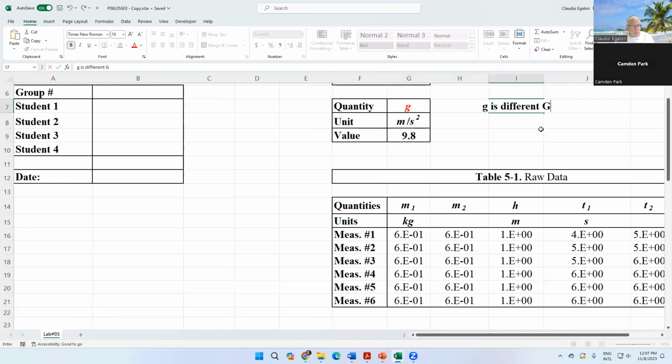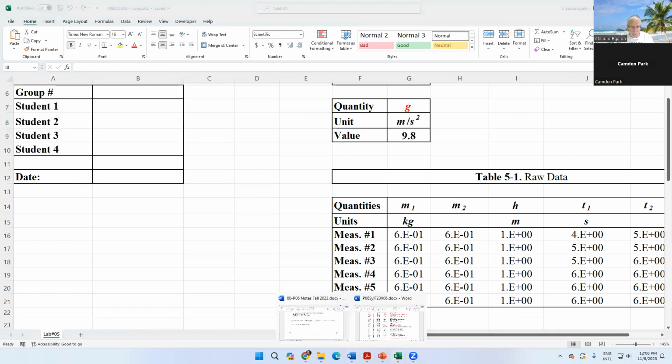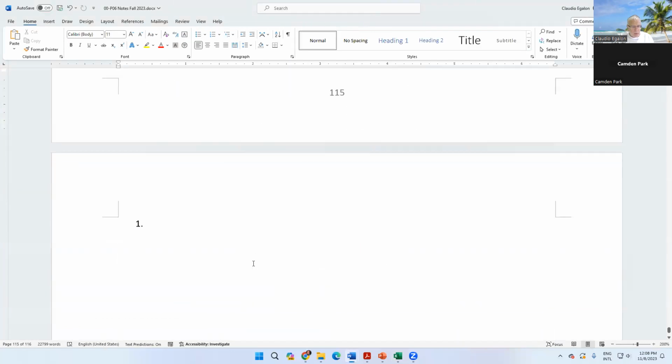So what is uppercase G exactly? When I was reading the textbook, it was comparing the upper letter and the lower letter. So I thought after you get G times M sub 1 times M sub 2 over R square, that is equal to g. That's what I thought, but it's not, right? Okay, here you go.